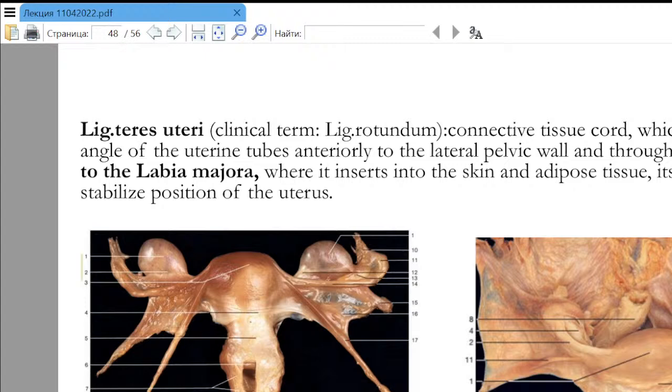Its purpose is to stabilize the position of the uterus. This is ligamentum teres uteri.